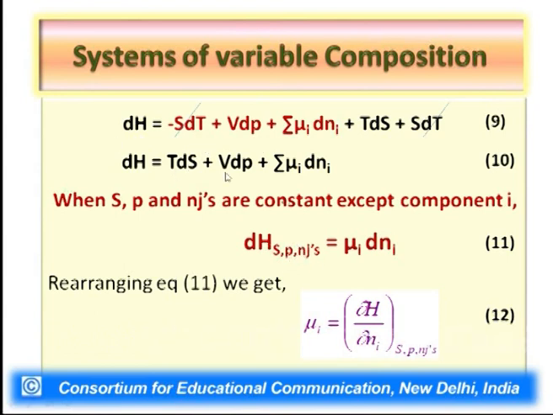That is, TdS becomes 0, VdP becomes 0 and dnj's all become 0 except dni. So, therefore, equal to mu i dni. Now, we can rearrange this equation, and when we divide it by dni, we get delta H by delta ni under the condition of constant entropy, pressure and number of moles of all other chemical constituents except component i. Now, this becomes equal to the chemical potential.